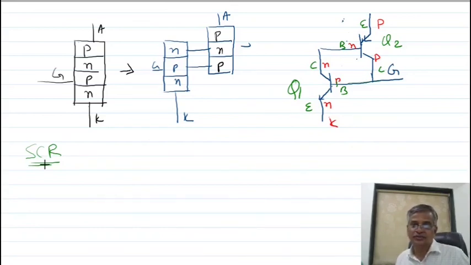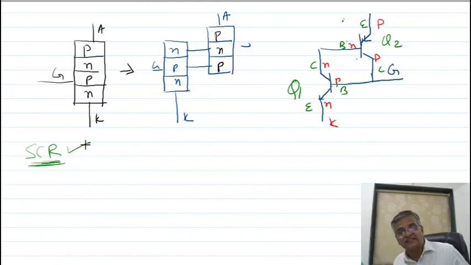It is used to control heat, to control speed, and to vary the intensity of light. So controlled rectification is the important point.